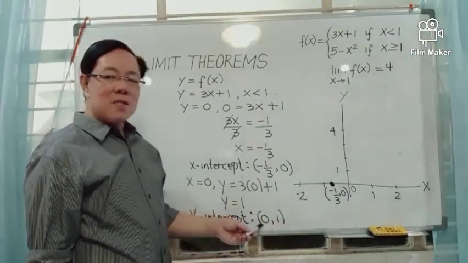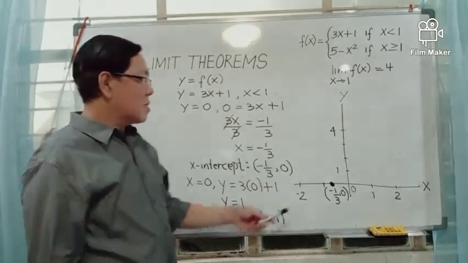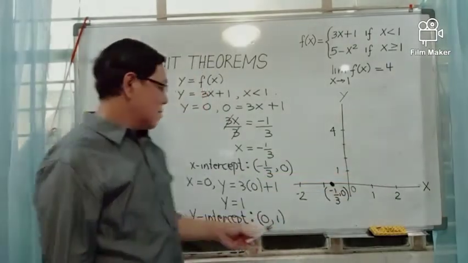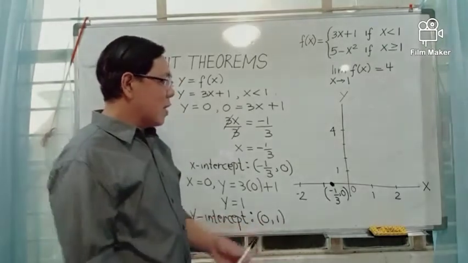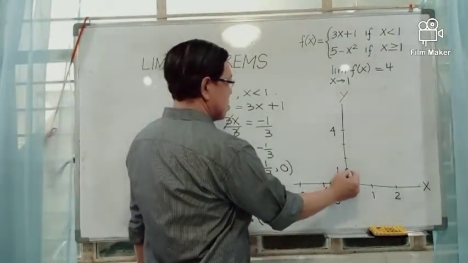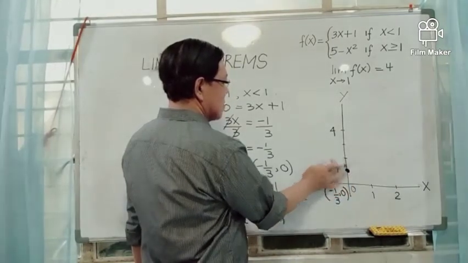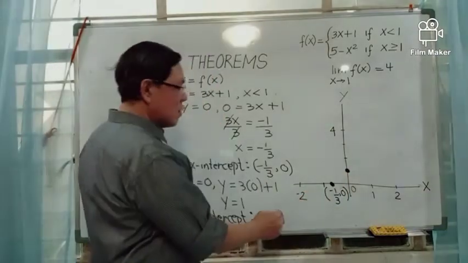If you plot this point, you will know that this point is above the horizontal axis. We plot this point. x is 0 and y is 1. And that point is this point with coordinates 0 and 1.